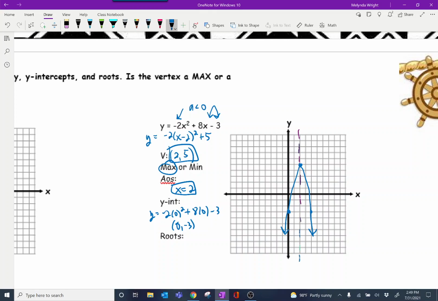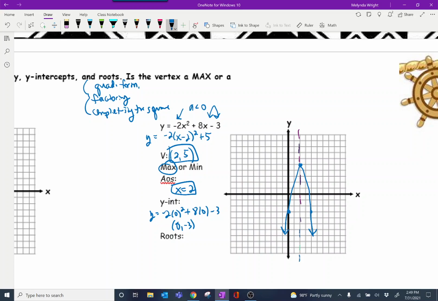I could do factoring. I could do completing the square. So those are all options open to me. I certainly would prefer factoring because that's really the fastest, but this particular quadratic does not factor.